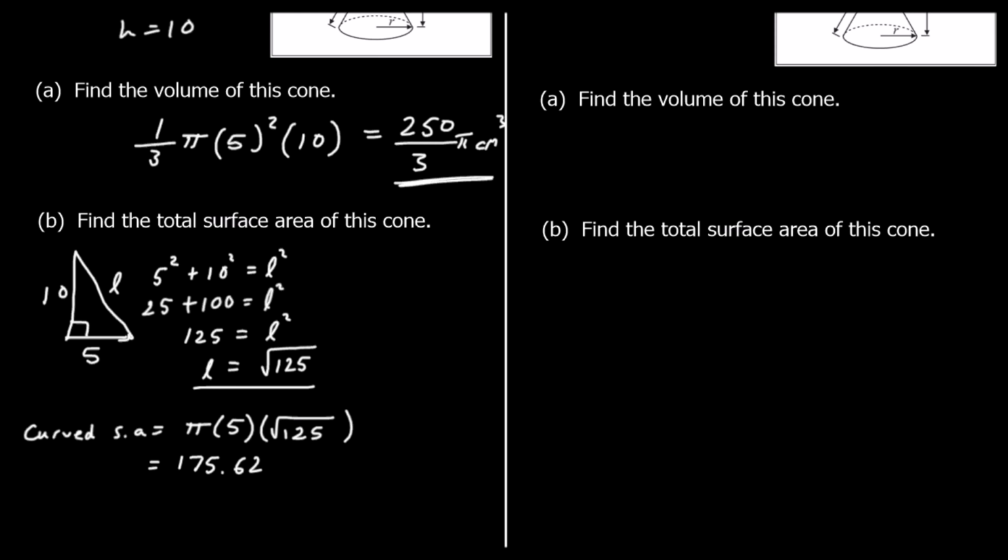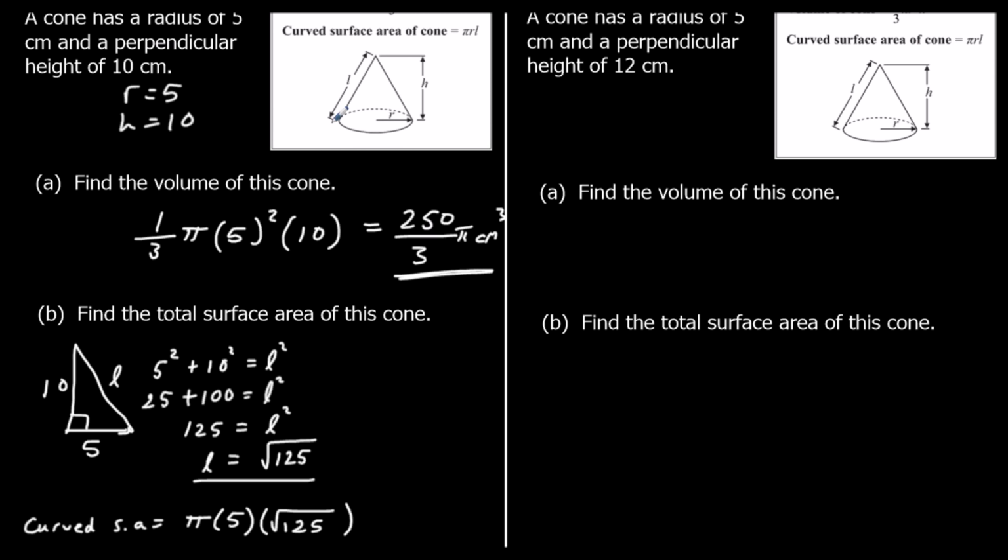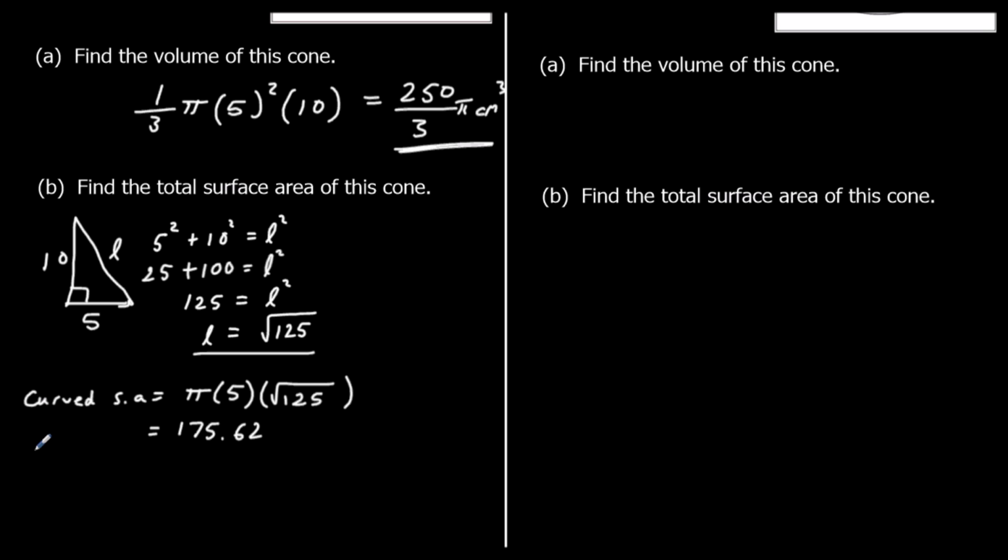So we've also got a circle on the bottom. So if we add on the circle, the area of a circle is pi times the radius squared. So pi times 5 squared. And, well, 5 squared is 25. So that's 25 pi. So we need to add these two bits together.